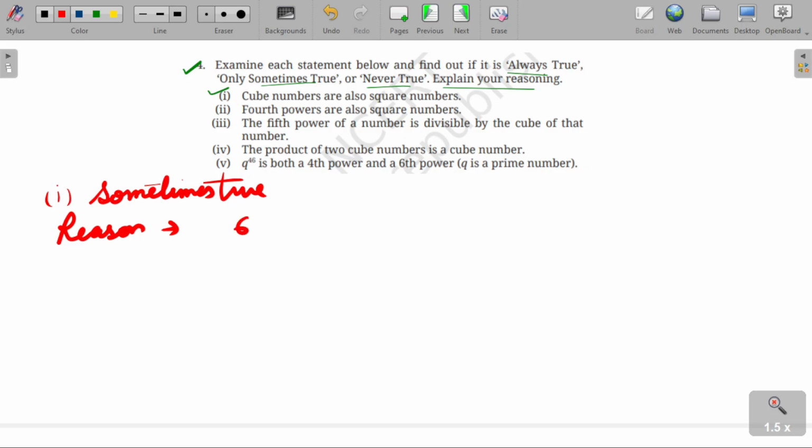Let's take 64. 64 can be written as 4 cube, right? And 8 square. So a cube number is a square number. See, this is true. But if I take 8, 8 can be written as 2 cube, but it cannot be the square of any number, right?